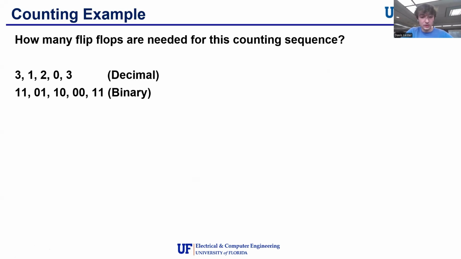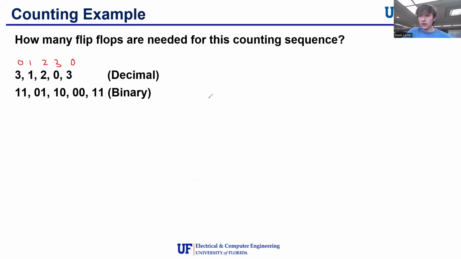See, because this counter uses everything based off of states. So if we look at this, we have 3, 3, 1, 2, 0, 3, right? So this count has 4 states. You look at it, we have the 0 state, the 1 state, the 2 state, and the 3 state before we go back to the 0 state.